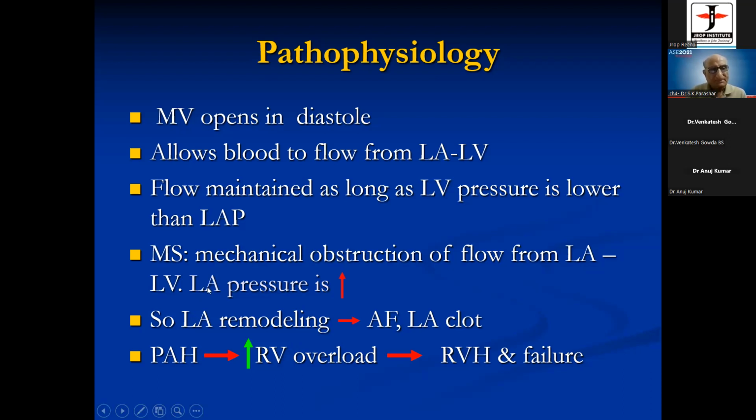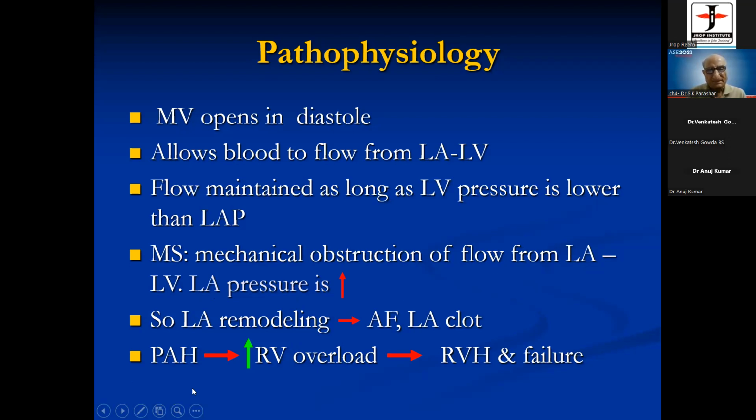Secondly, the pressure in the LA is transmitted to the pulmonary veins and pulmonary arteries because there is no valve between the pulmonary vein and the left atrium. The same increased pressure is transmitted to the pulmonary circulation and it leads to pulmonary artery hypertension.